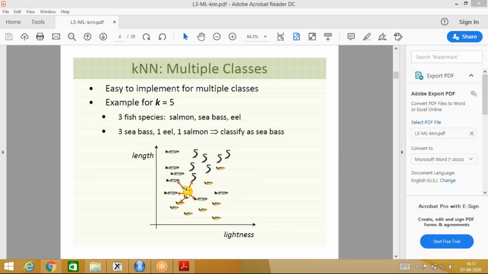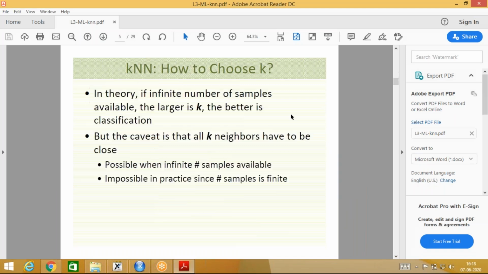As I told, it is a very important decision how to decide what your K will be. So how many neighbors? In theory, if an infinite number of samples are available, the larger is K, the better is your classification. That is theoretical, but the caveat is that all K neighbors have to be close.